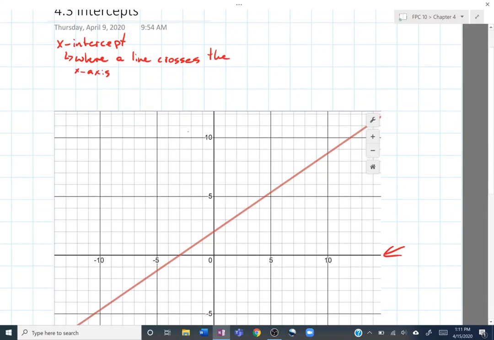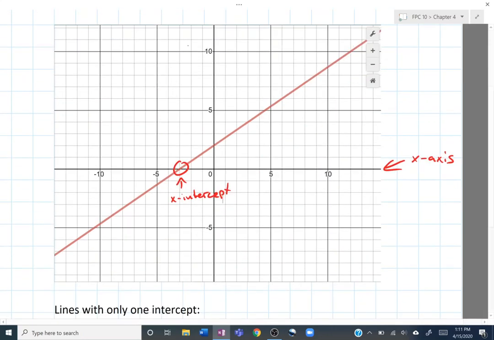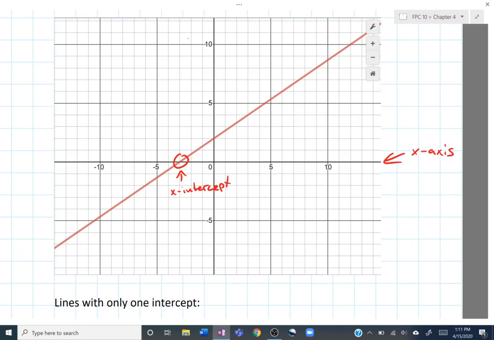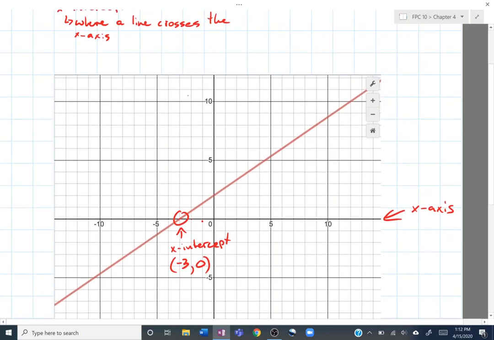This is the one that goes left and right. So where this line crosses the x-axis is right here. So this would be our x-intercept. And this is the point. 1, 2, 3. I go left 3, and then I don't go up or down at all because I'm on that x-axis. So my x-intercept in this case is -3, 0.